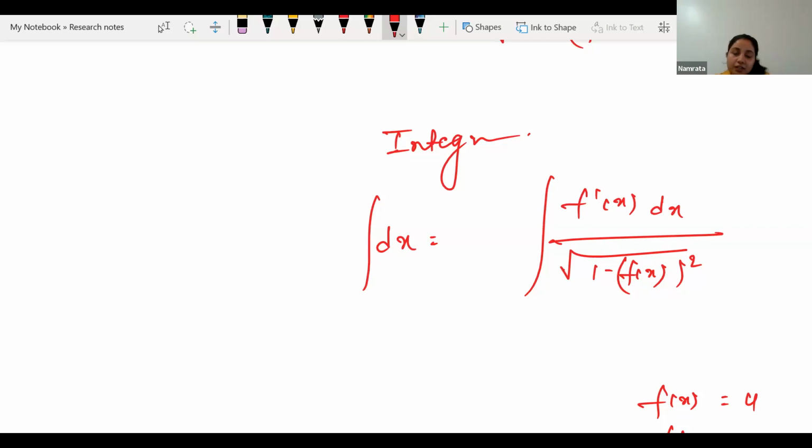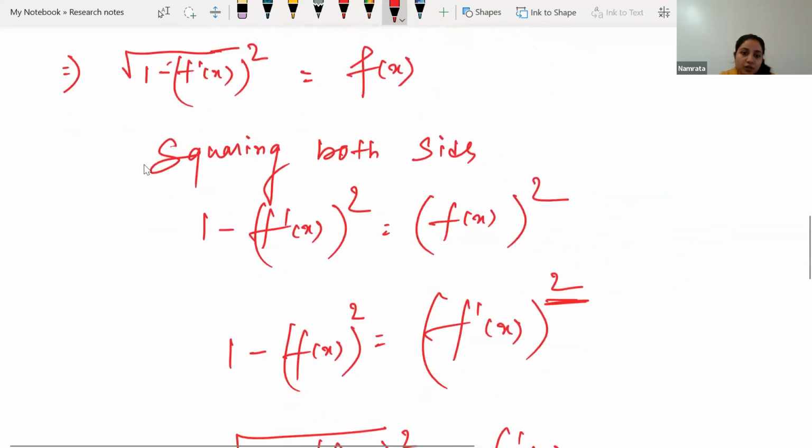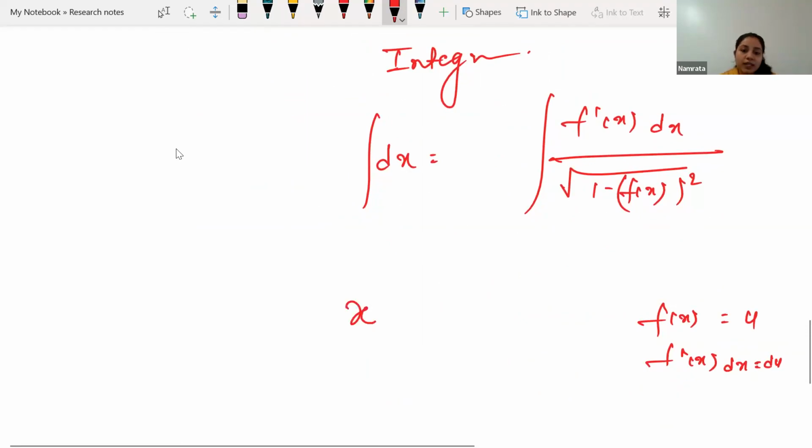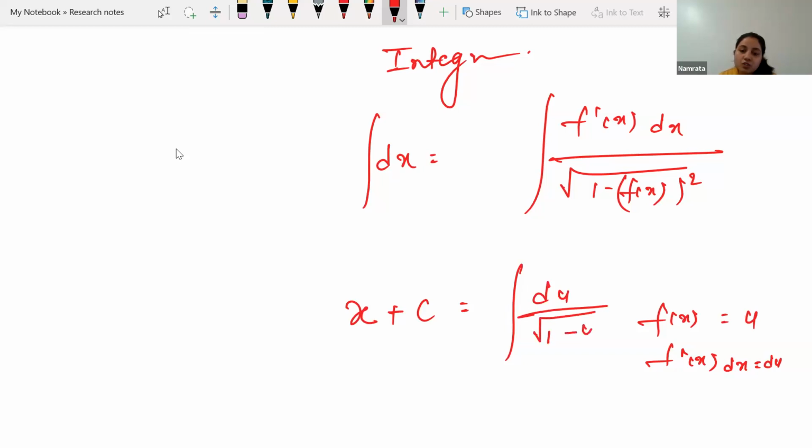For that only we have done all this arrangement. Okay, now here we will be having only x plus c, and here it became du, under root 1 minus u squared.